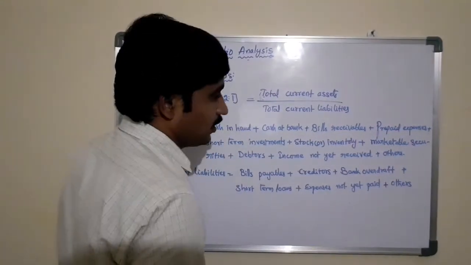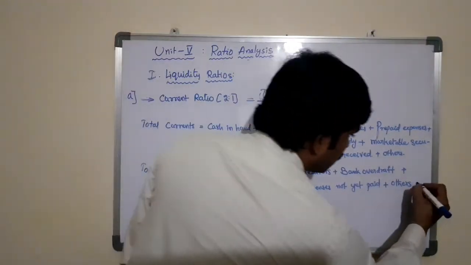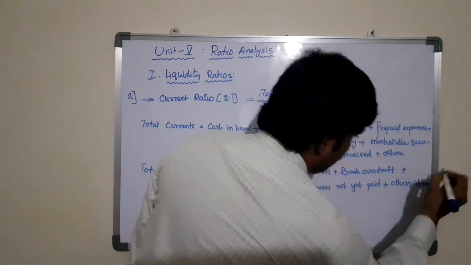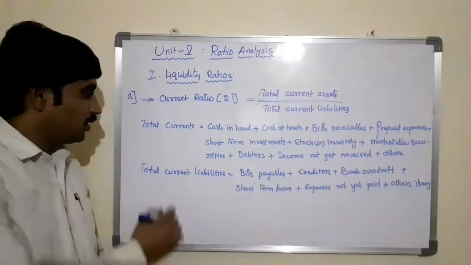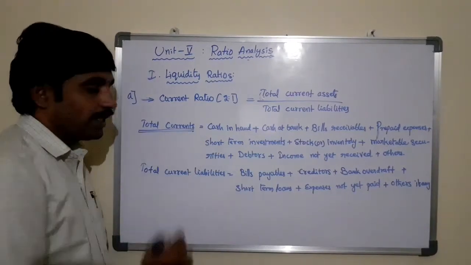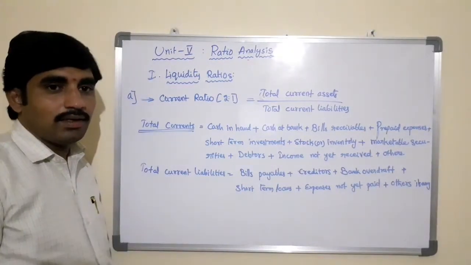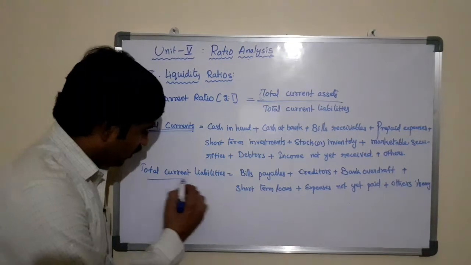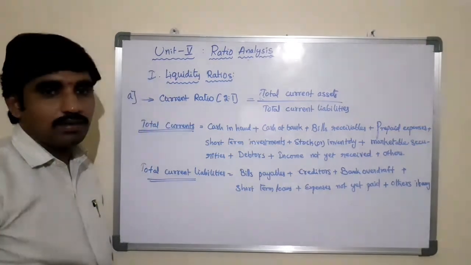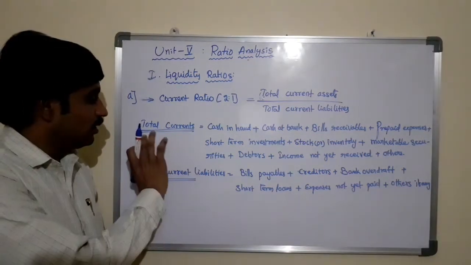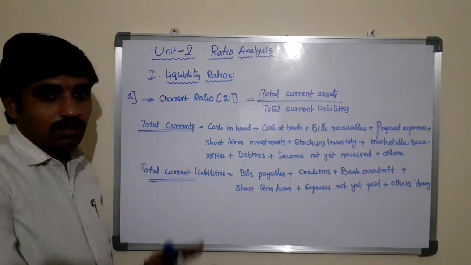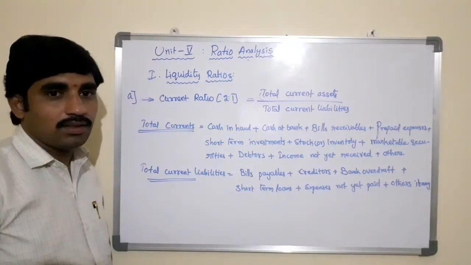So these are the items that come under total current liabilities. Current assets we can find on the asset side of the balance sheet, and these items we can find on the liability side of the balance sheet. Therefore, these ratios are known as balance sheet ratios.